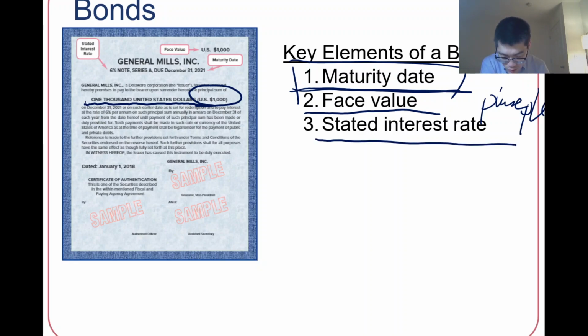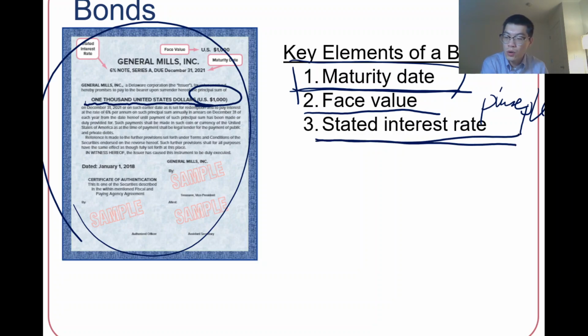What is the stated interest rate? That is the interest rate written and stated on the bond contract. This is a bond contract paper, similar to your car loan. When you finance a car, you sign a loan document, or when you mortgage a house, you sign a mortgage contract with the bank or financial institution, and you pay an interest rate based on the house price or the price of the car.